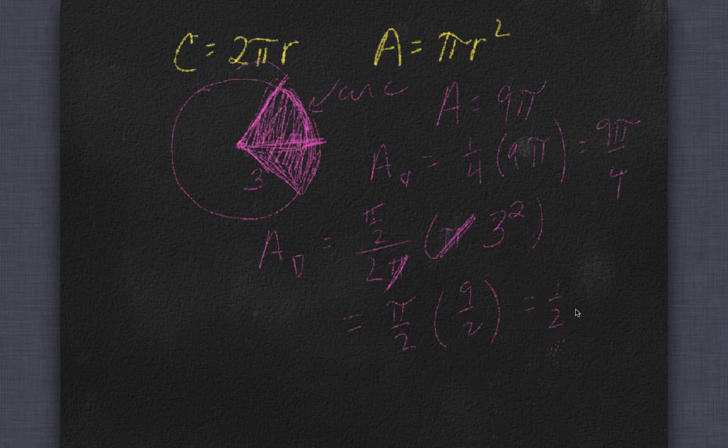So 1/2 the angle times the radius squared. And that's because here I have just a pi, and I'm always going to be dividing by 2 pi, so that's always going to yield 1/2. So I'm always going to get 1/2 times the angle times the radius squared.